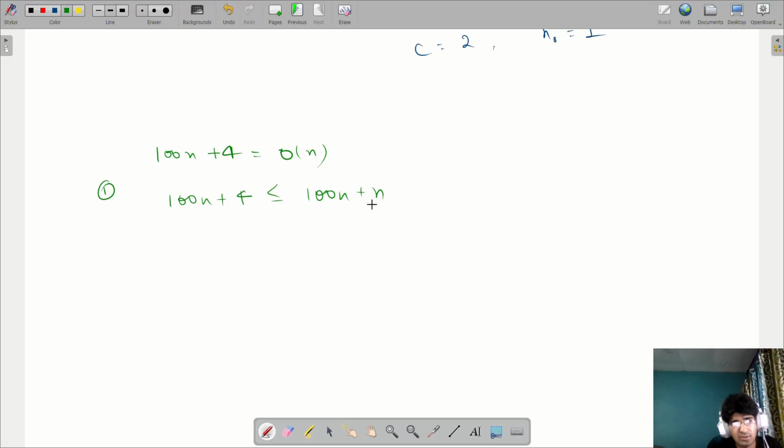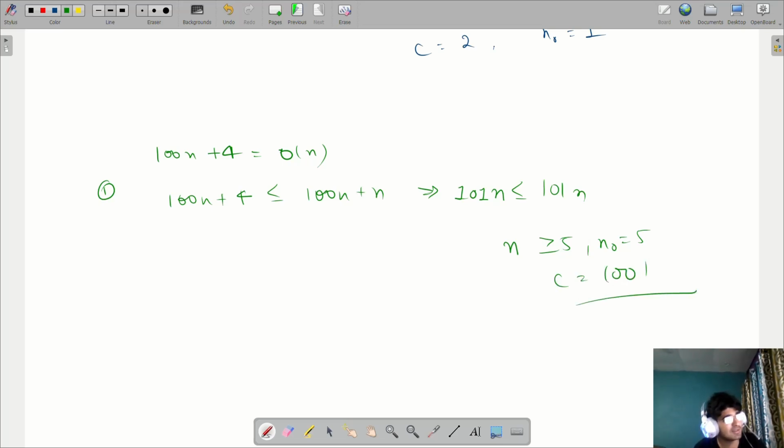So 101n is greater than or equal to 100n plus 4, for any value where n is greater than or equal to 5, so n naught is 5 and c equals 101. This is one solution that I'm getting.